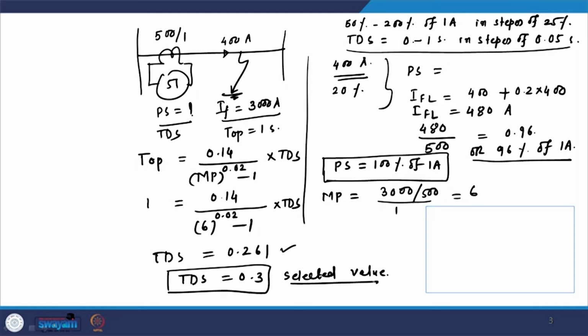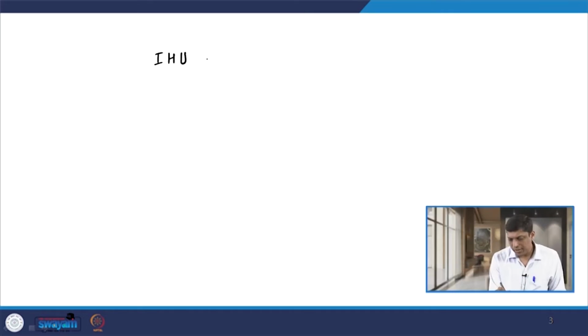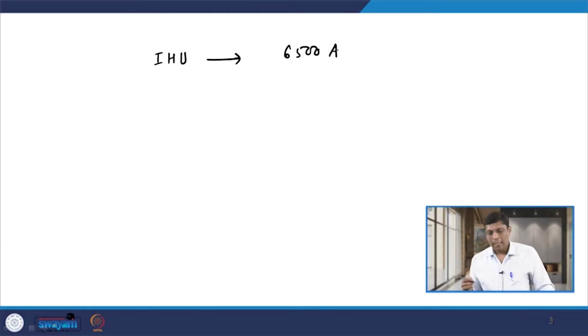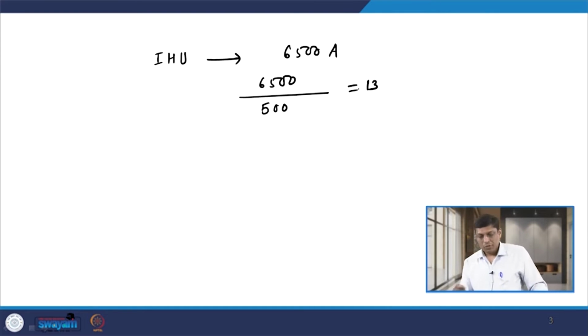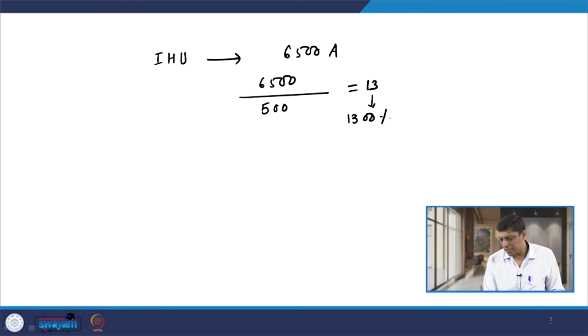If I divide this 6500 ampere by the CT ratio, that is 500 by 1, this comes out to be roughly around 13. In percentage, that comes out to be 1300 percent, and this is of 1 ampere.